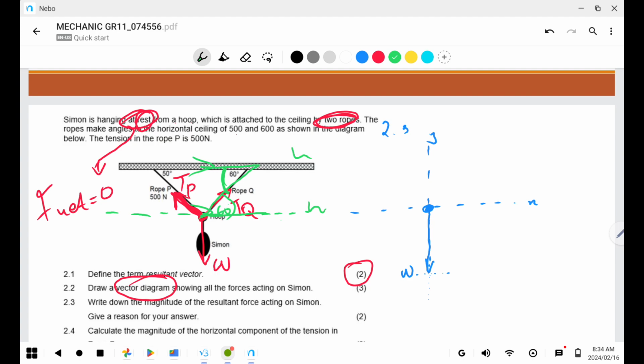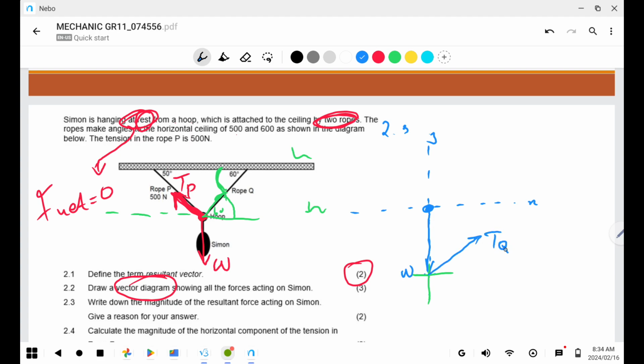Remember how I defined the 60 degrees up there? I said that was the angle between the horizontal and the tension. So if I bring it somewhere here, it's between the horizontal and the tension. So I'm going to draw my set of axes. There they are. I'm going to draw them in green. And there's the tensional force, TQ.